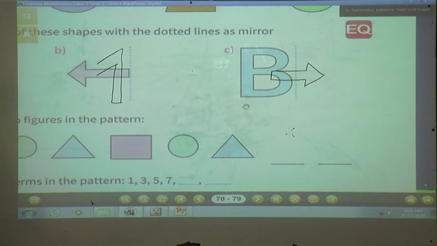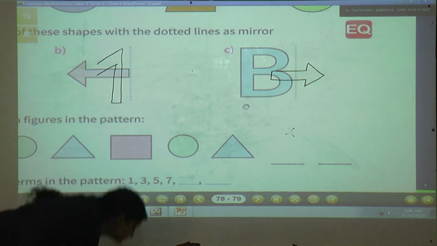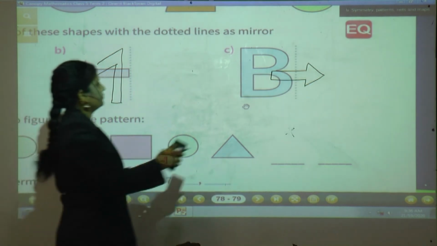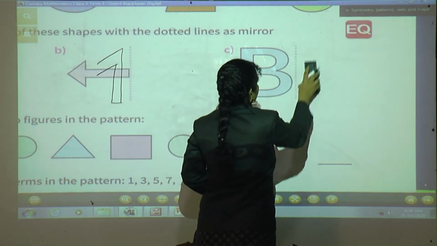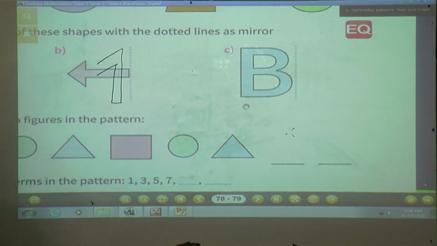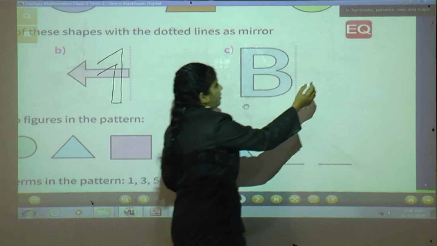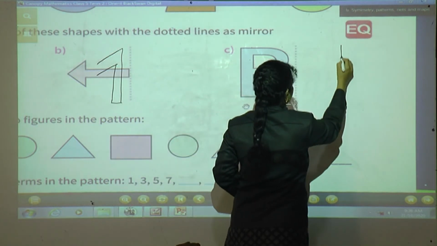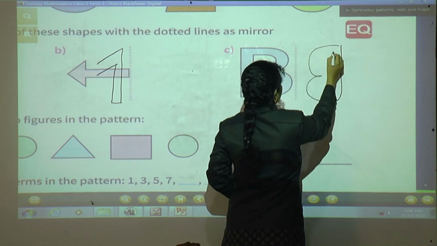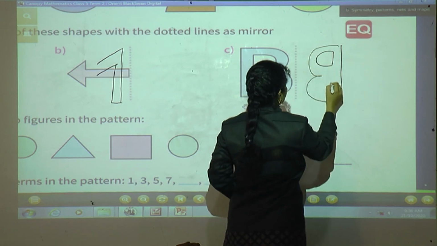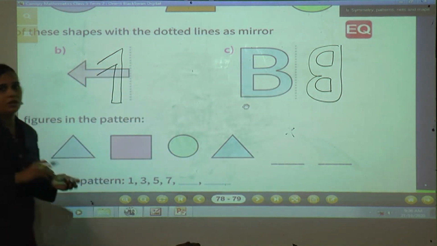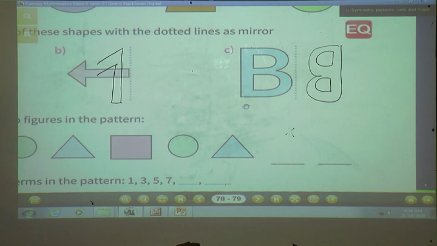Okay, see now, how can we draw the reflection of this figure? Yes, I can draw like this. Like this we can draw the reflection of the figure.